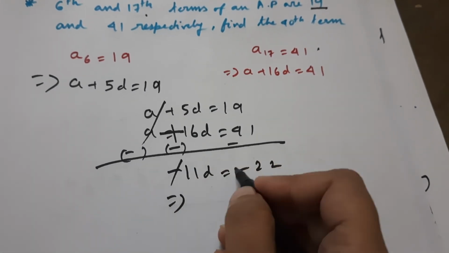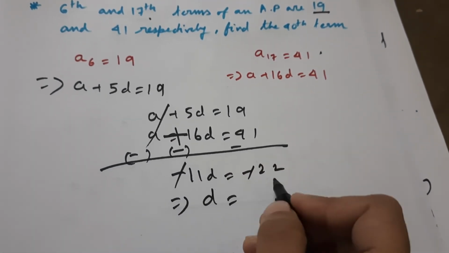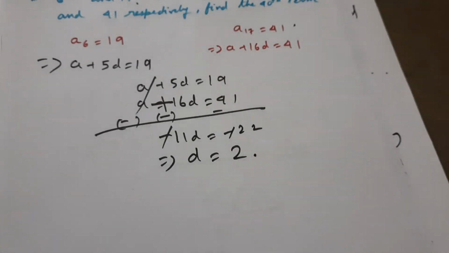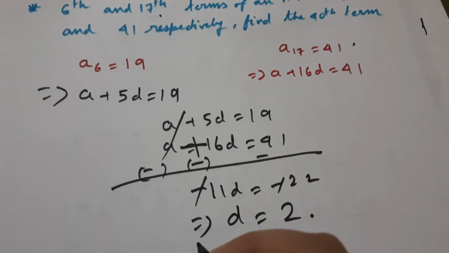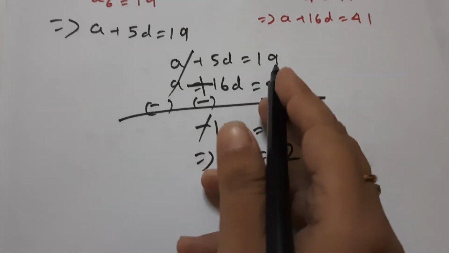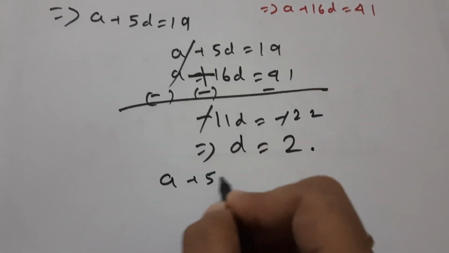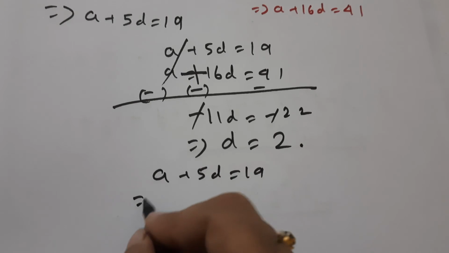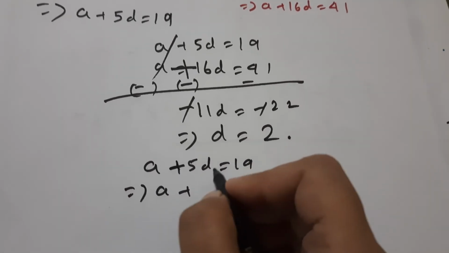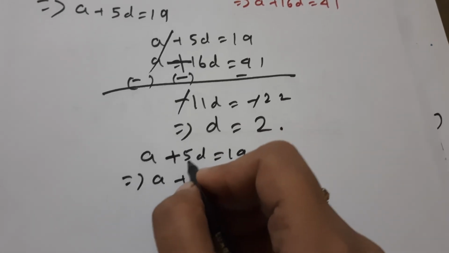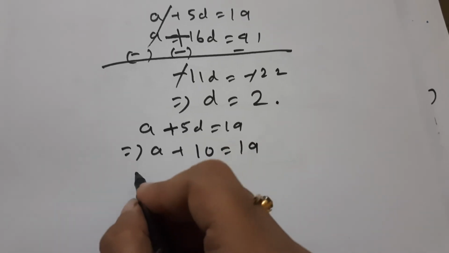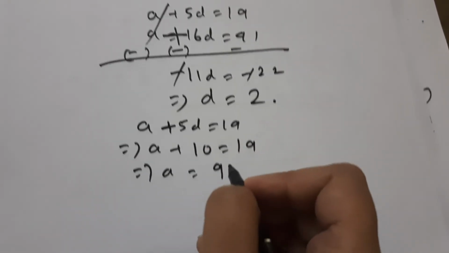Minus cancels minus, so d equals 22 by 11 equals 2. Now the first equation is a plus 5d equals 19. We substitute the value of d: 5 into 2 is 10, so a plus 10 equals 19, implies a equals 19 minus 10, which is 9.